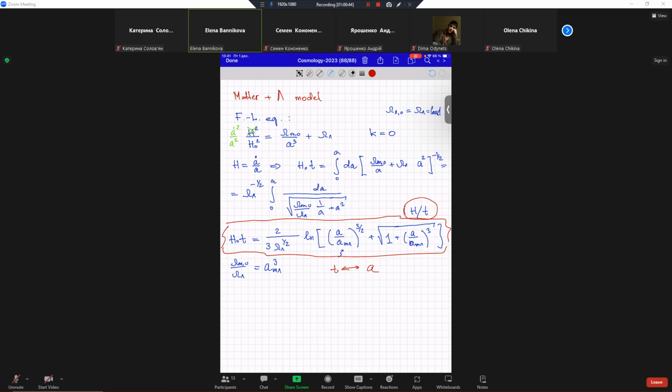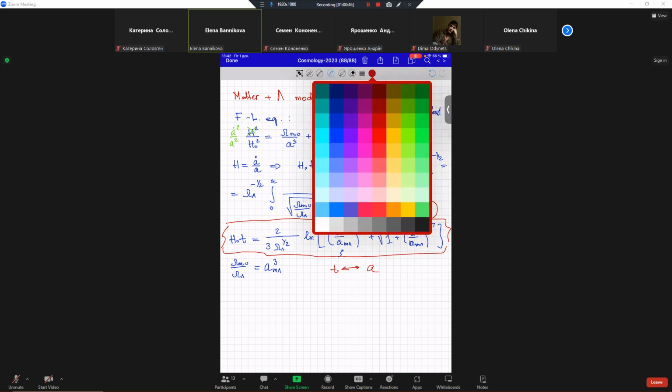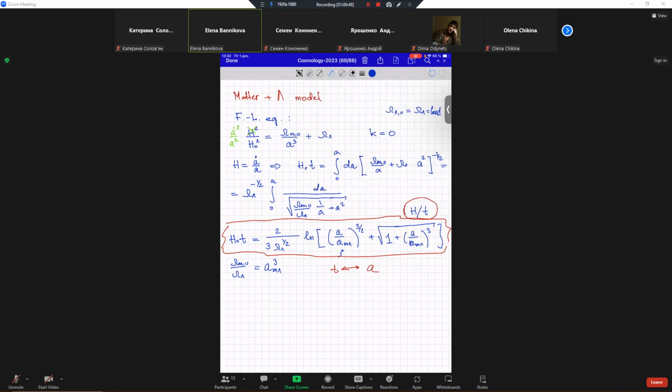From this we can see that if we go to early time, when a was much less than a_mΛ, we can simplify this.